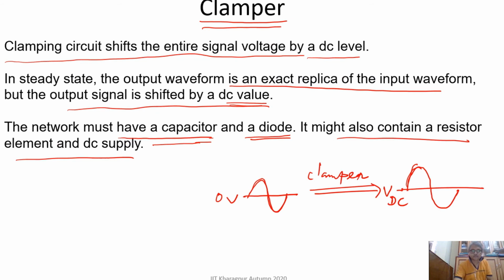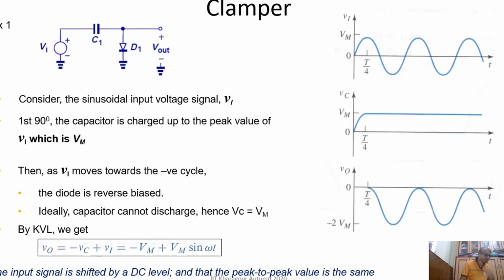Now let's discuss a couple of examples of the clamper circuit. One of the simplest is example 1. In this example, I have a capacitor C1 and a diode D1, and this is our sinusoidal input signal with a peak amplitude Vm.